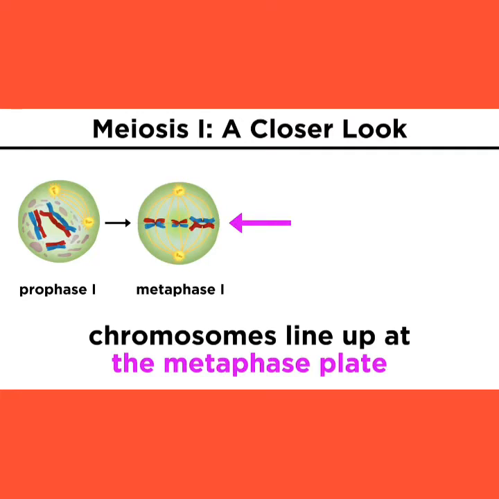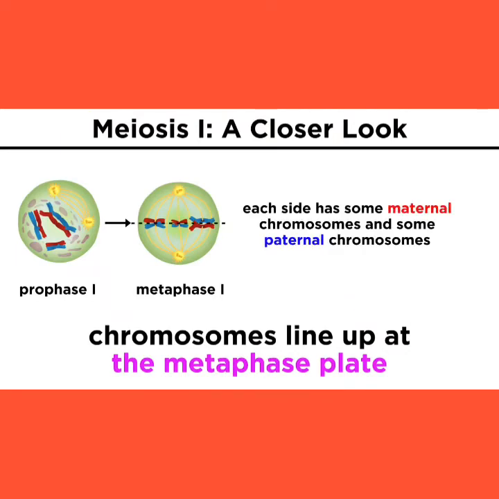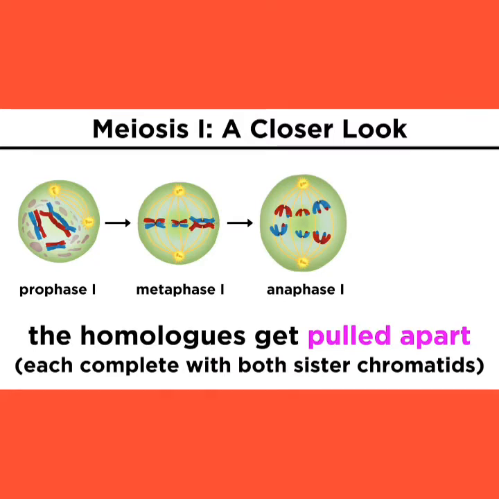In metaphase I, chromosomes line up at the metaphase plate and in random fashion. The maternal and paternal chromosomes for each homologous pair can be in either order. Then, in anaphase I, the homologs separate and are pulled towards the poles by the spindle.